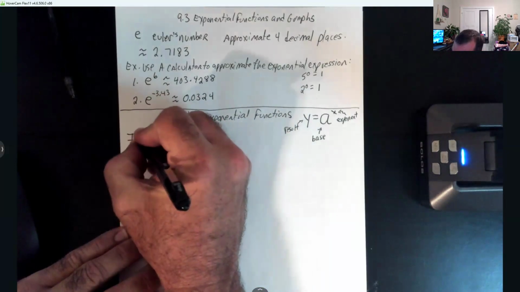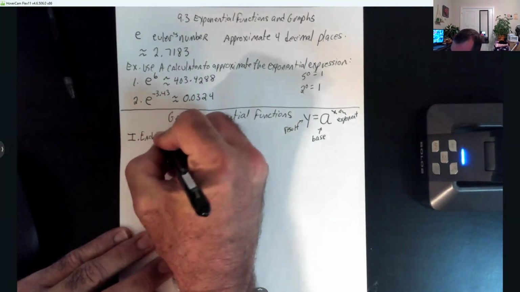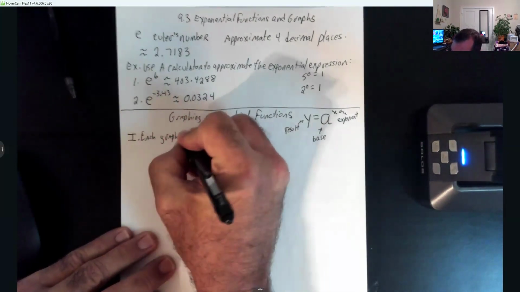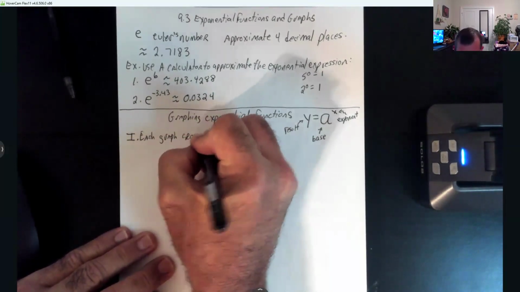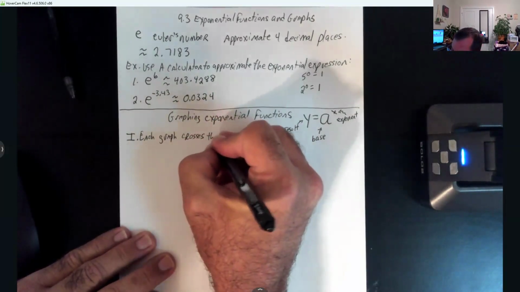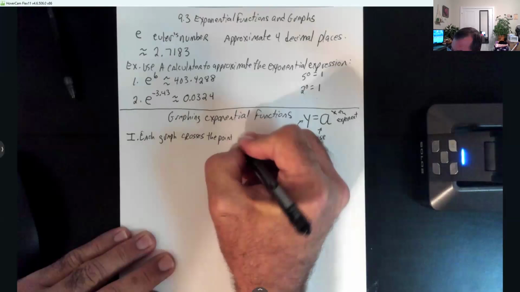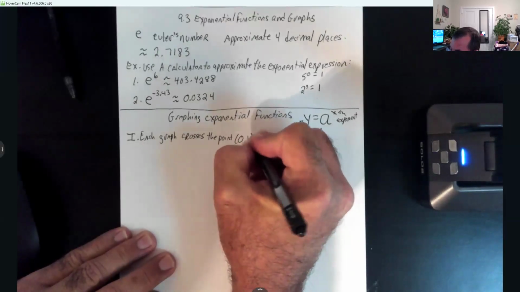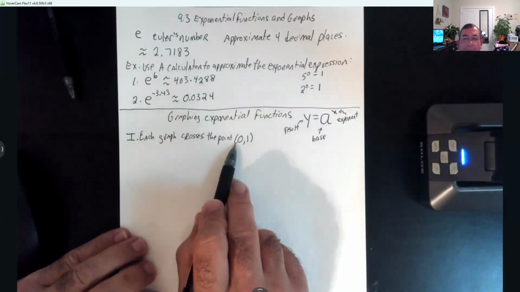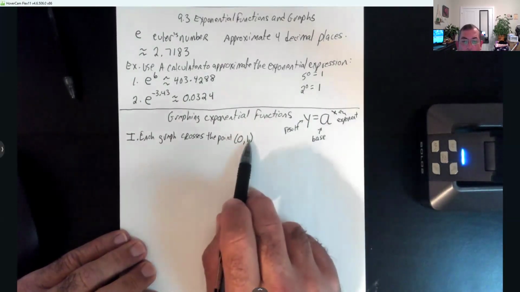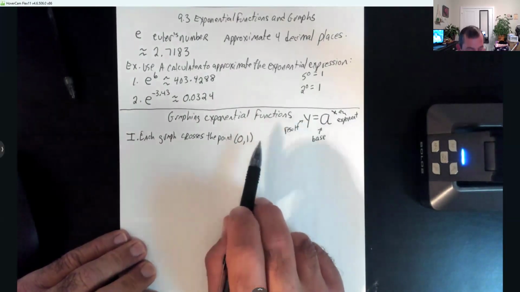So that means each graph crosses the point (0, 1). 0 for the x when you put it in, 1 for the y value, okay?